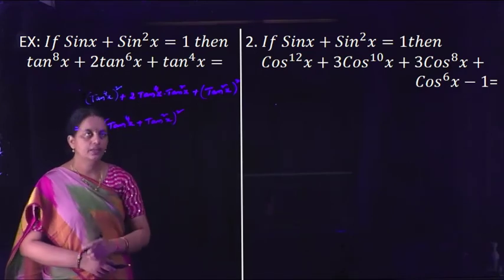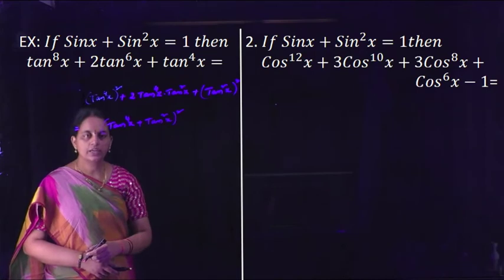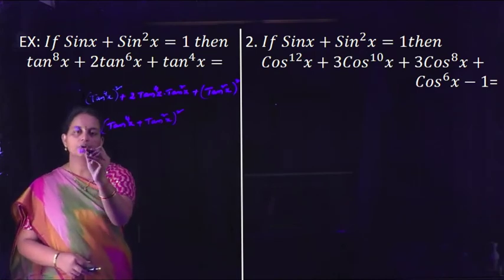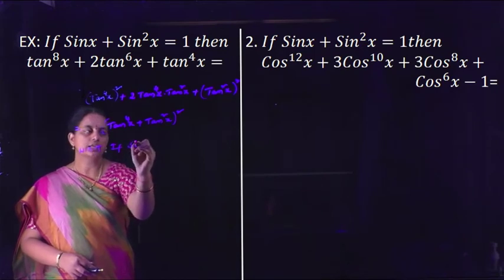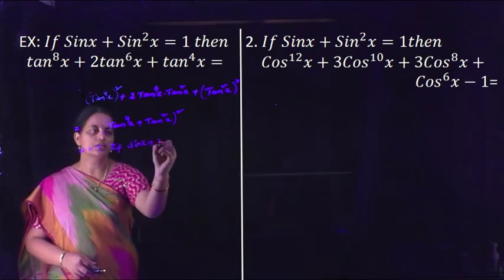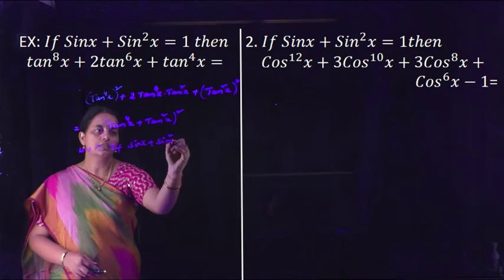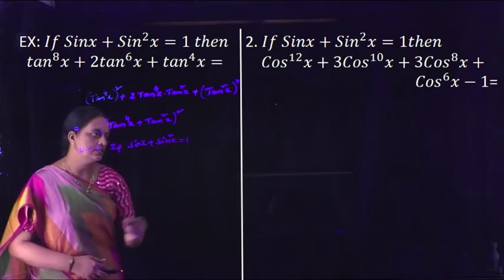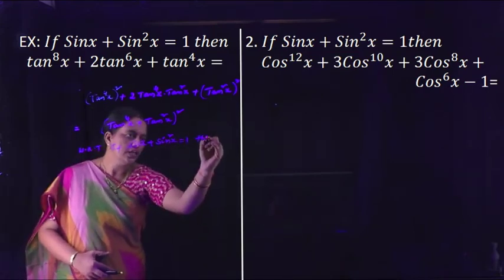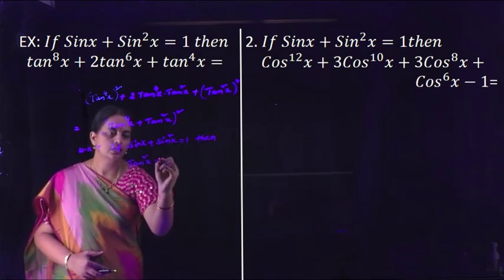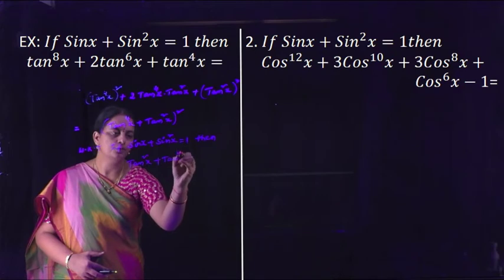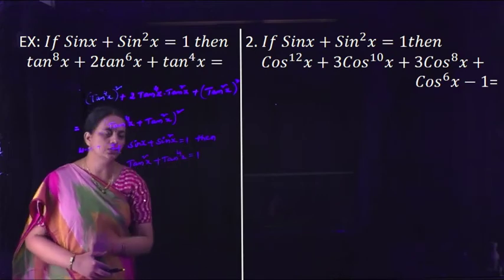Since we are given that sin x plus sin square x is equal to 1, we know that tan square x plus tan power 4x is equal to 1.